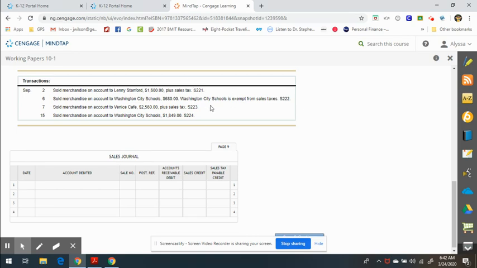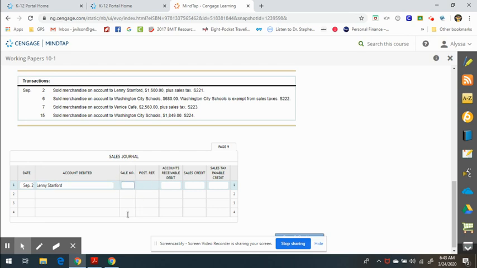September 2nd, sold merchandise on account to Lenny Stanford, $1,600 plus sales tax, S221. All right, date. All transactions start with the date. The account debited will be Lenny Stanford.